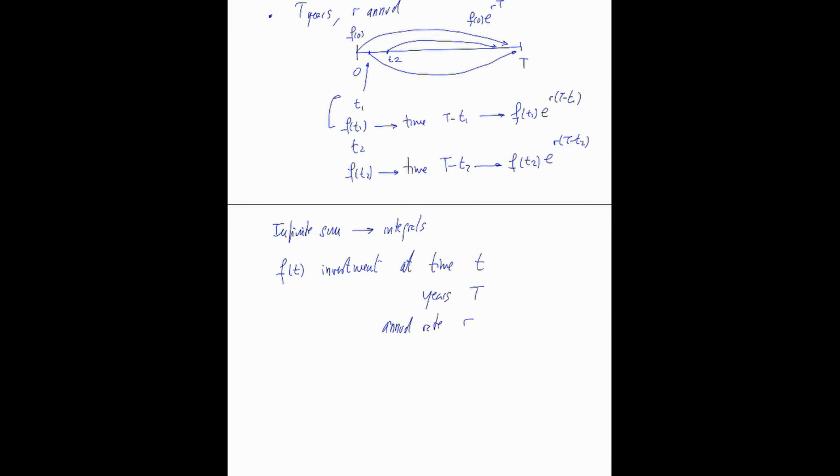So then, the money you have at the end of your period of T years is what is known as the future value, because it's the value of your money in the future, FV, which equals the integral from 0 to T of your investment f of t times whatever each investment is giving you.